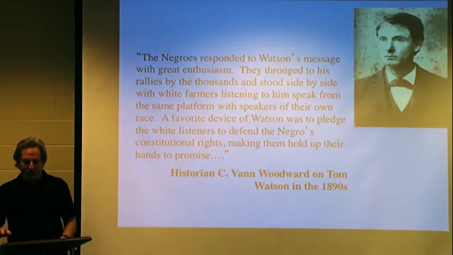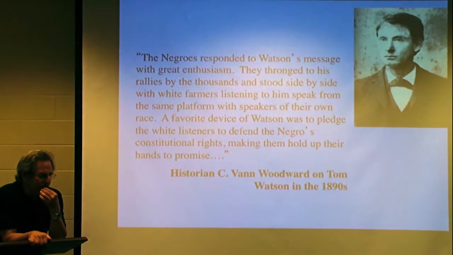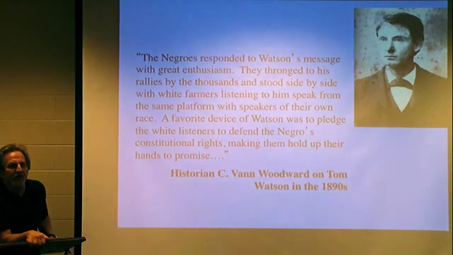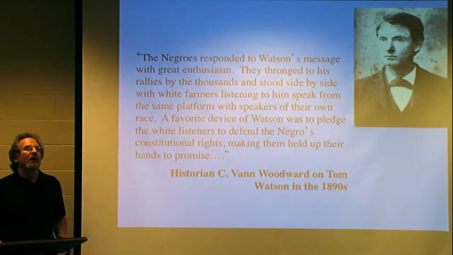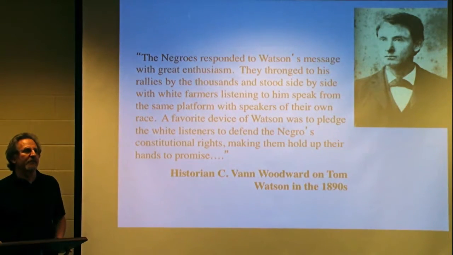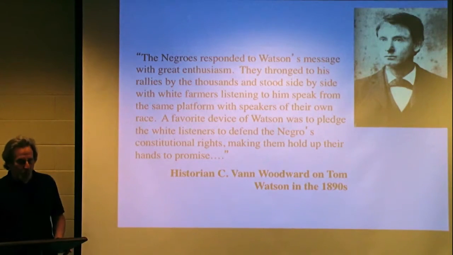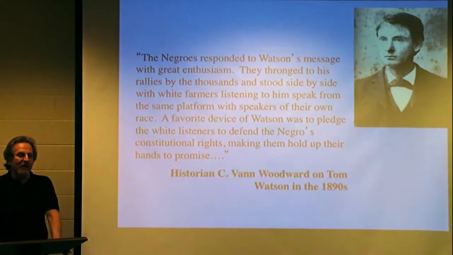What we're seeing with the case of Tom Watson is a situation in which white farmers are so far oppressed that for the first time, large numbers of those white farmers begin to question the validity of the doctrine of white supremacy.